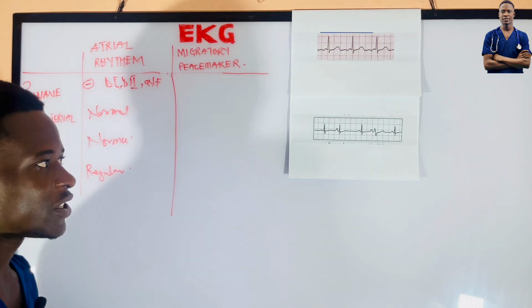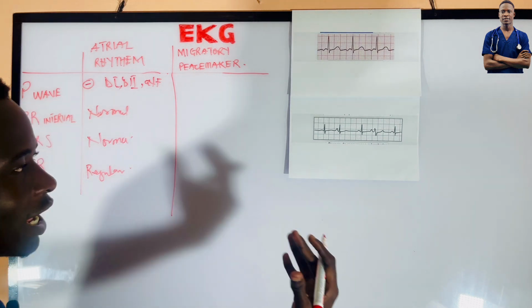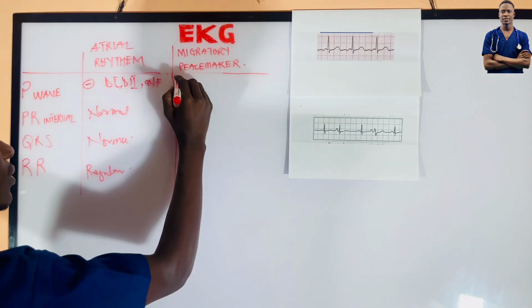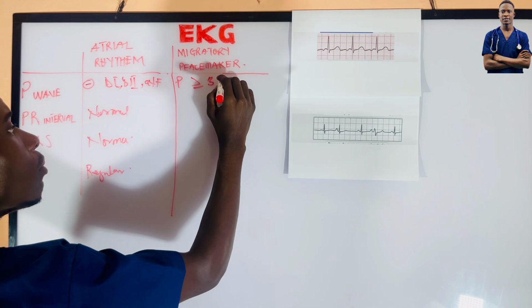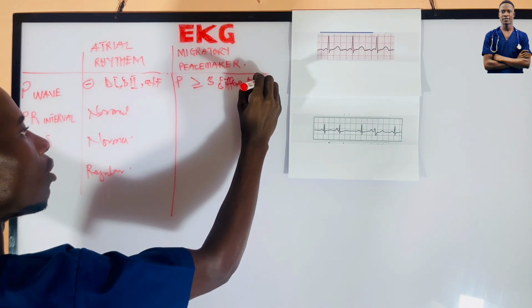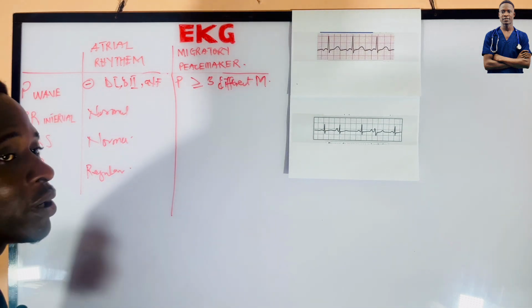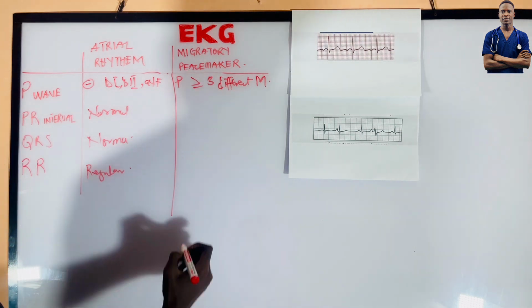Now let's come to the migratory pacemaker. Because we generate the action potential on different points of the heart, we have P waves of greater than or equal to 3 different morphologies. You get P waves which are different in their structures. Now, let's come to the PR interval.